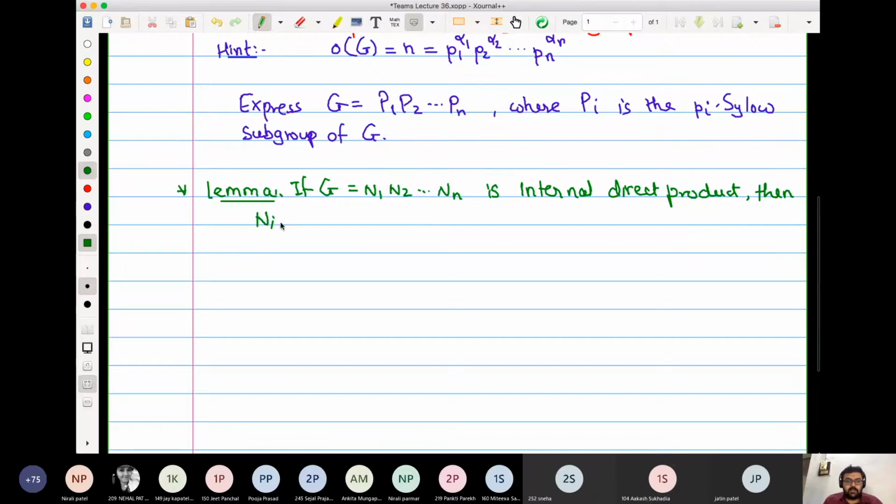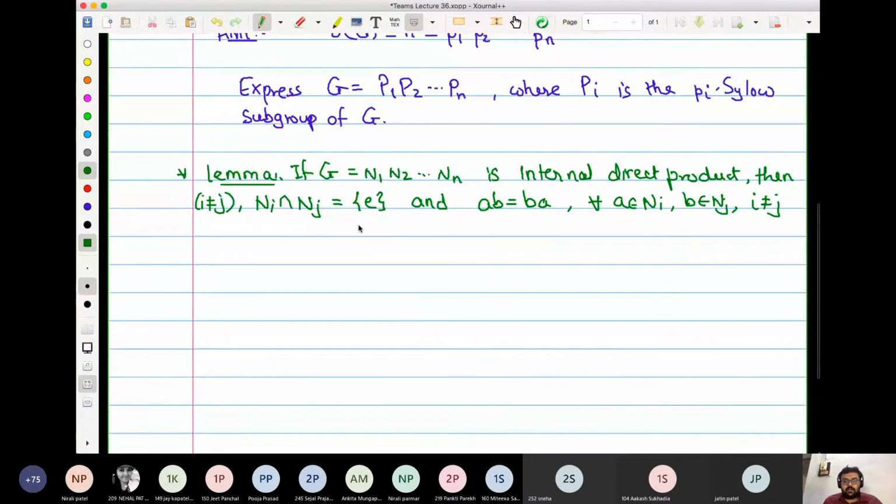That Ni intersection Nj is trivial. That means they are pairwise disjoint, and the two elements commute, even if G is not abelian, so ab equals ba for all a in Ni and b in Nj, whenever i is not equal to j. So here also i not equal to j. So this we have seen, right?